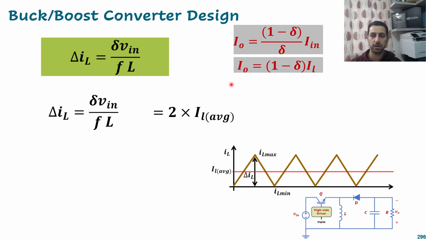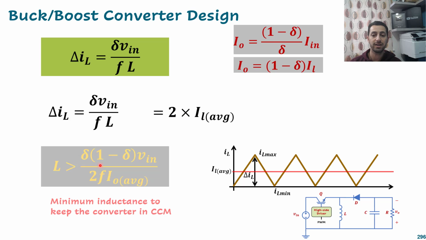I can replace that one with this relation, and I can get the minimum inductance value for that output current. If I want my converter to work in continuous conduction mode all the time, if I'm supplying, for example, 1 ampere or half ampere or 100 milliampere, I just have to assume it here, and I can compute that L. That L now will make sure that if I supply 1 ampere, I will be in the continuous conduction mode.